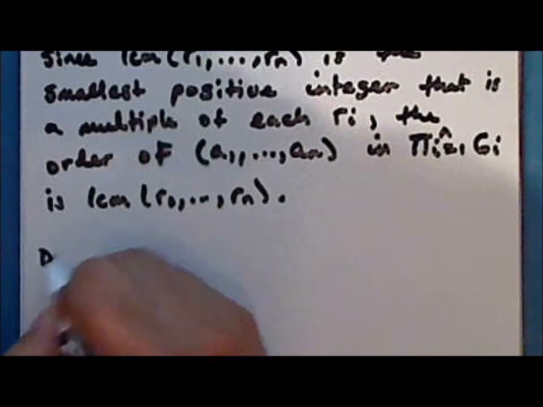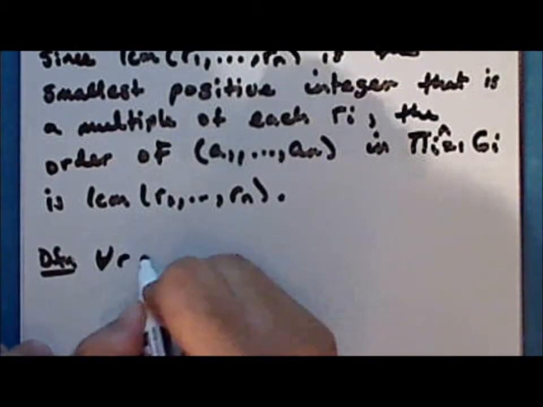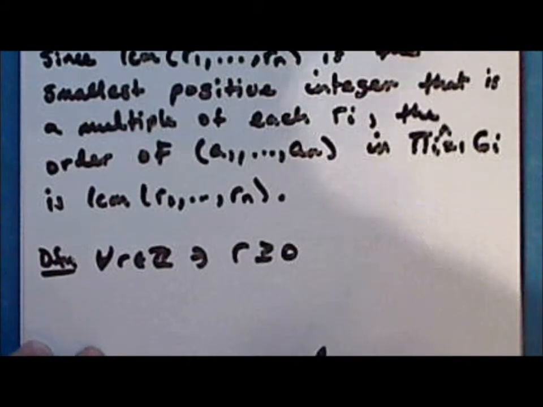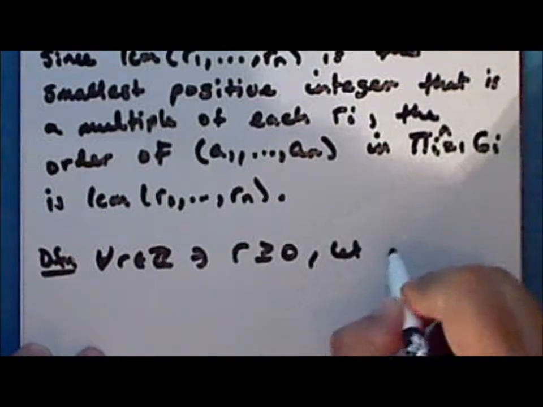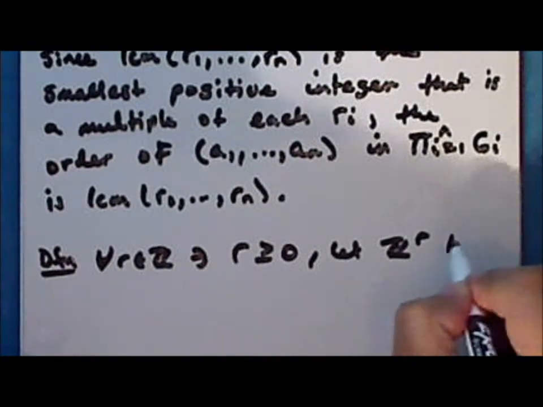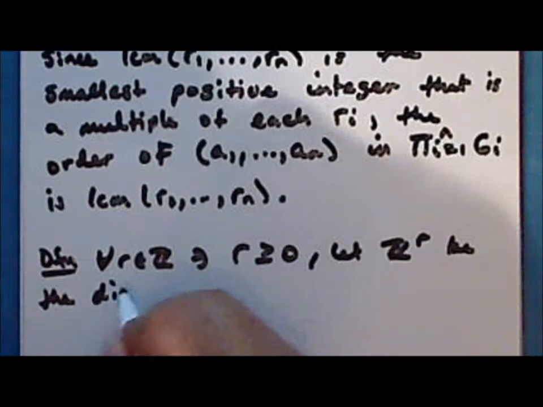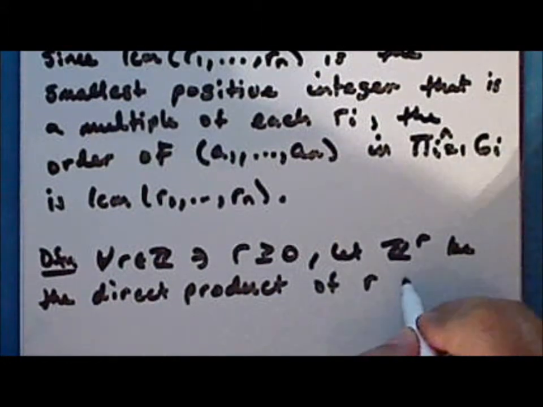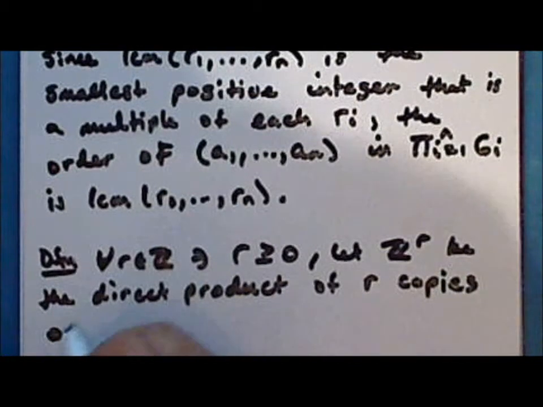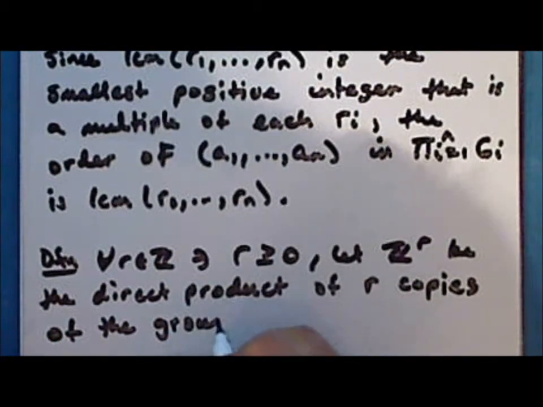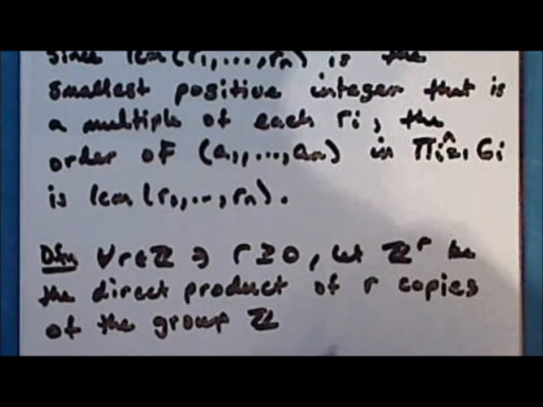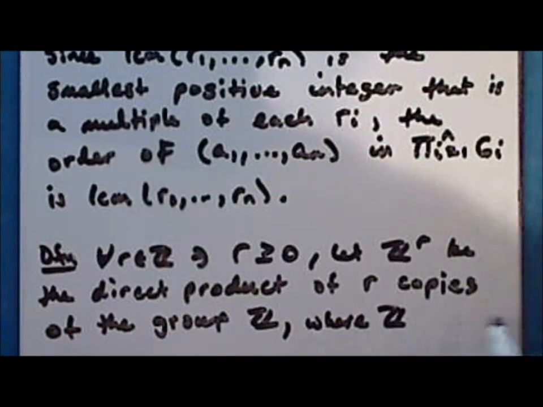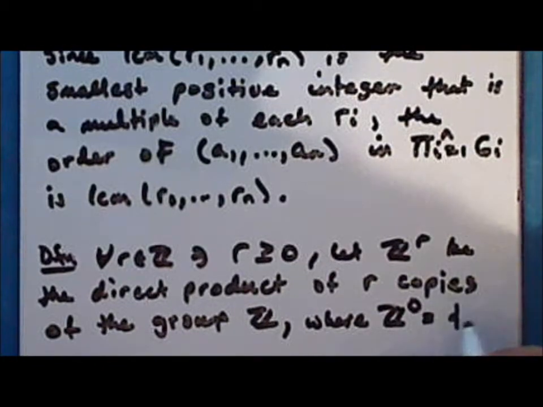So now we have a new definition. For every integer r such that r is greater than or equal to 0, that is, for every non-negative integer r, let Z superscript r be the direct product of r copies of the group of integers, where Z superscript 0 is the trivial group.